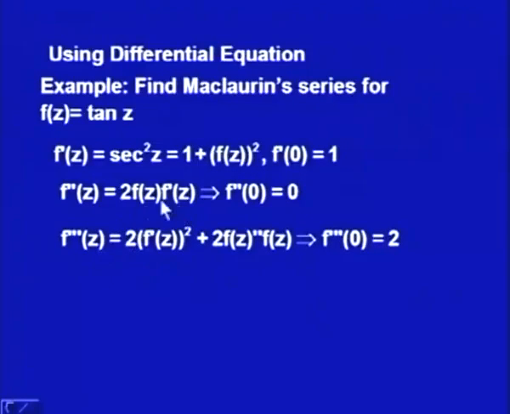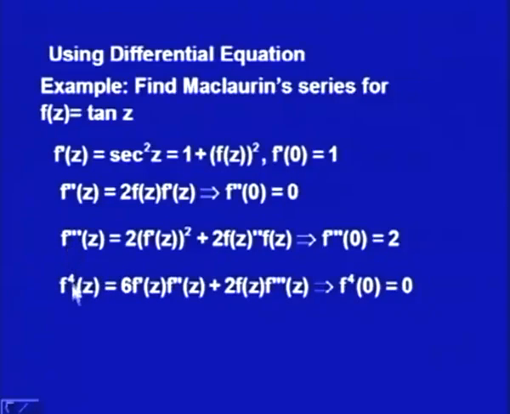Further differentiating it again, f‴(z) = 2 f′(z)² + 2 f(z) f″(z), and from here we can write down that f‴(0) = 2, since f(0) is 0 and f″(0) is 0.